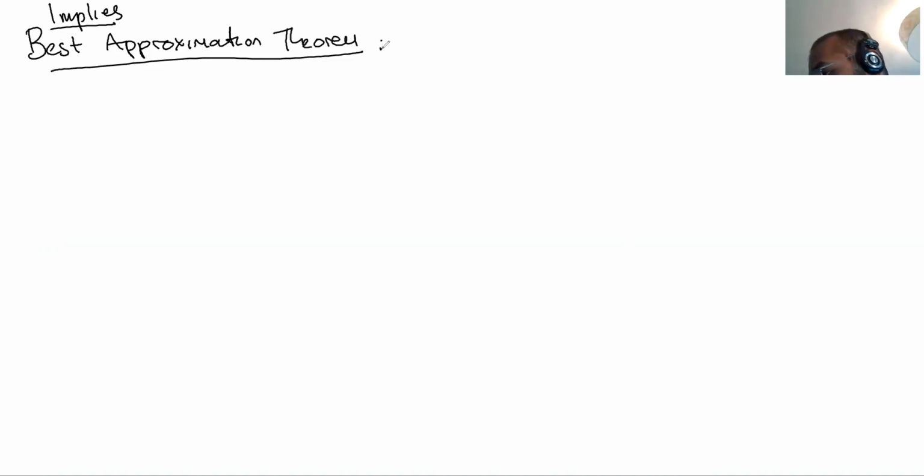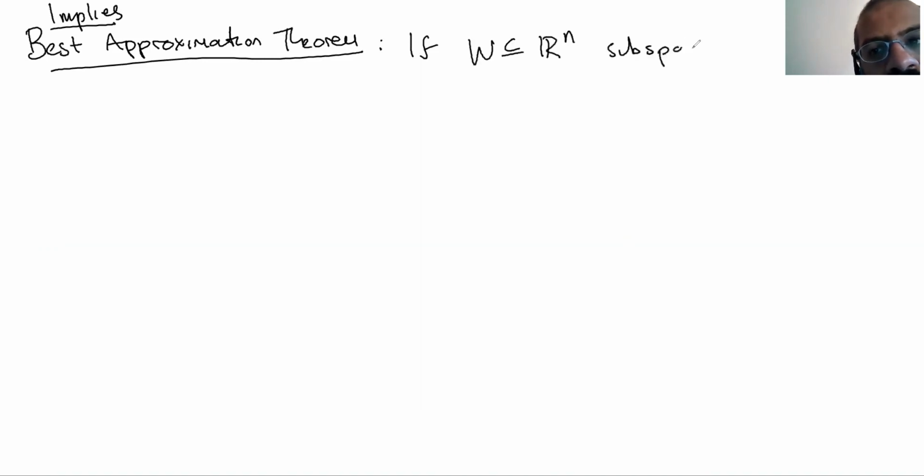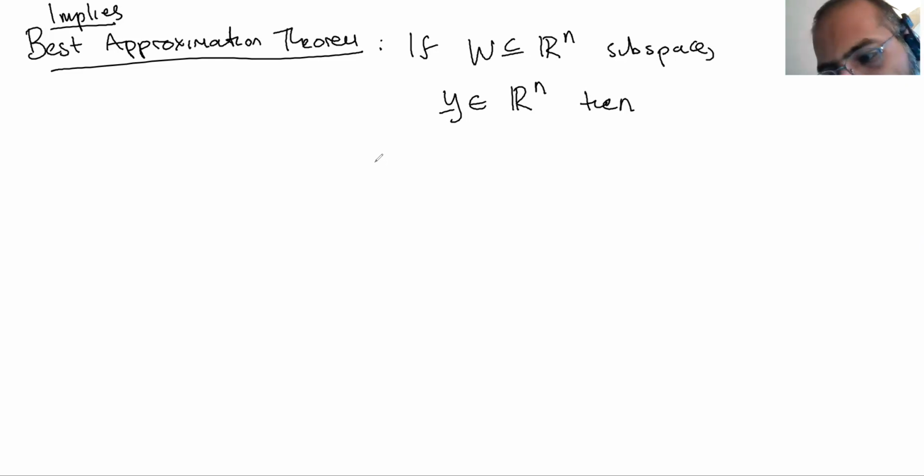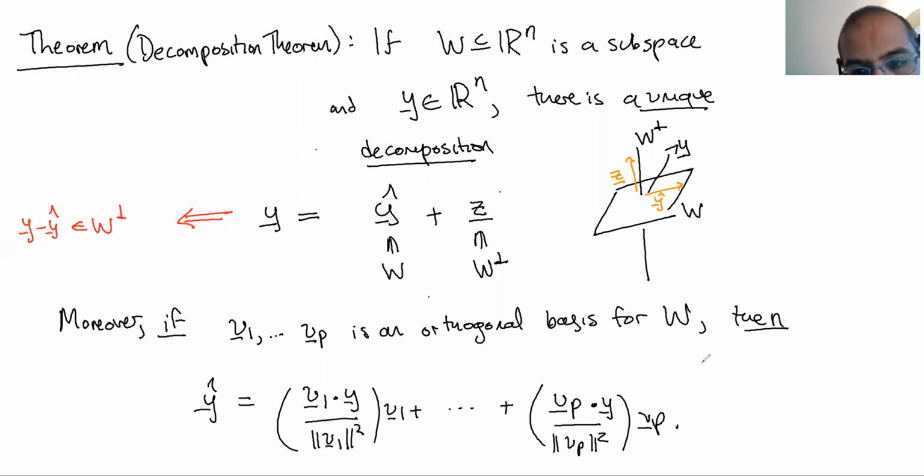It says that if W is a subspace, y is any vector, then, okay, since we're going to refer to it again, let me just write it here. So I might as well come and say it.